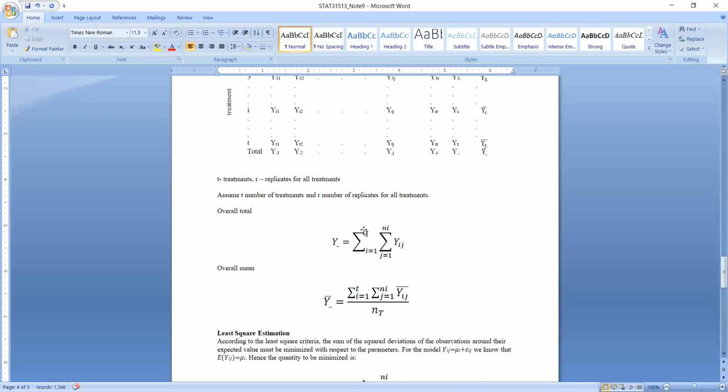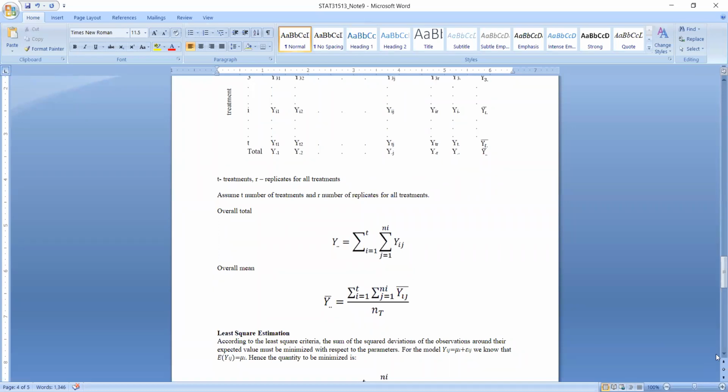Since we have T number of treatments, i goes from 1 to T. So this overall total is denoted by Y double dot. If you divide this overall total by the total number of observations, which is denoted by NT, then you will get the overall mean. So the overall mean is denoted by Y double dot bar.